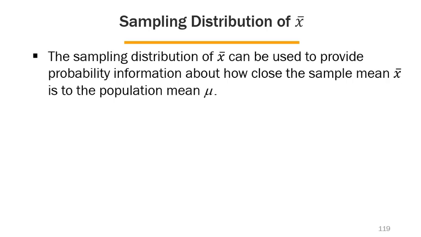The sampling distribution of x bar can then be used to provide probability information about how close the sample mean, x bar, is to the population mean, because if we are approximating it with a normal distribution, we have probability information about the normal distribution.